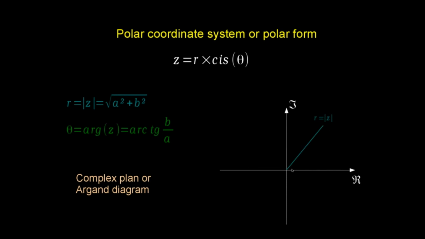It is the length of this vector here. You can see this as a vector, and the argument is the angle between this vector and the real axis, the angle theta that is the argument of our complex z. Anyway, I'd like to say that this solution here, arctangent of b divided by a, is true in this quadrant of the complex plane, which means that it is true for any angle between 0 and pi divided by 2.